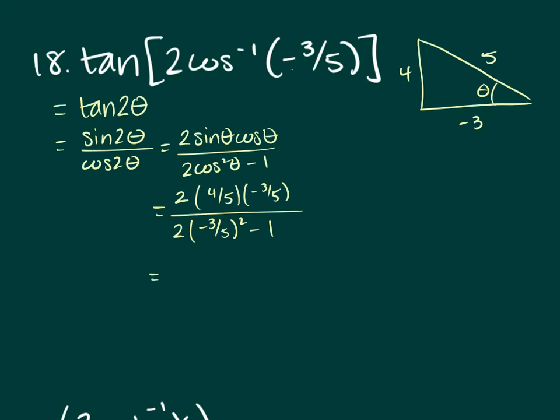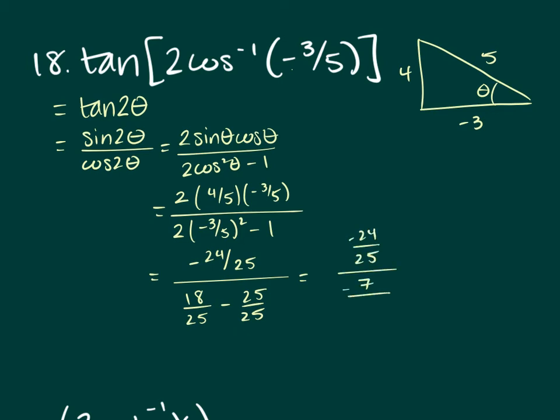So after all the multiplication, I get negative 24 over 25 in the numerator, and 18 over 25 minus 25 over 25. So this is negative 24 over 25 over negative 7 over 25. So this will be 24 over 7.